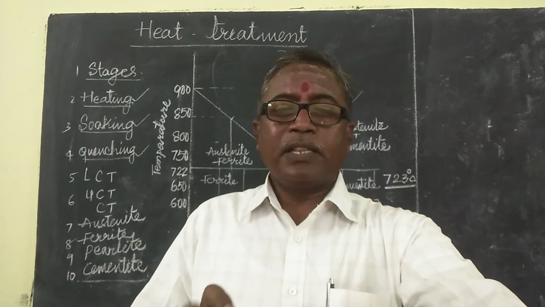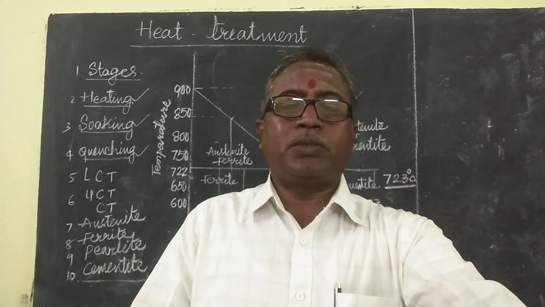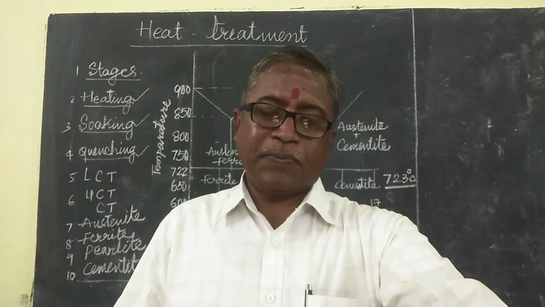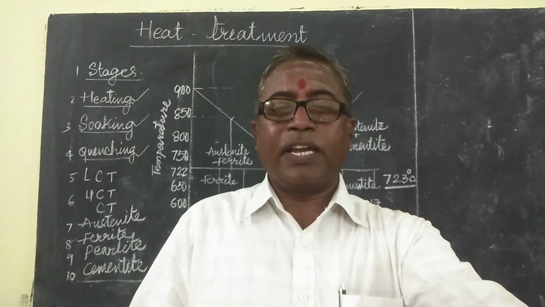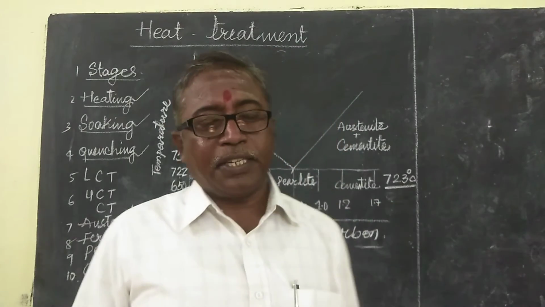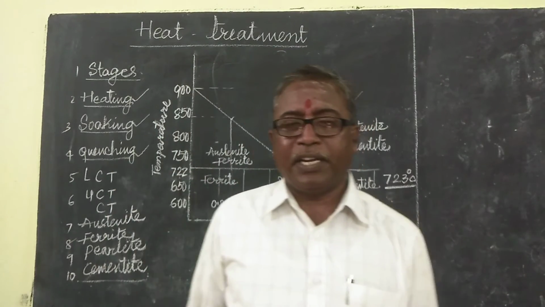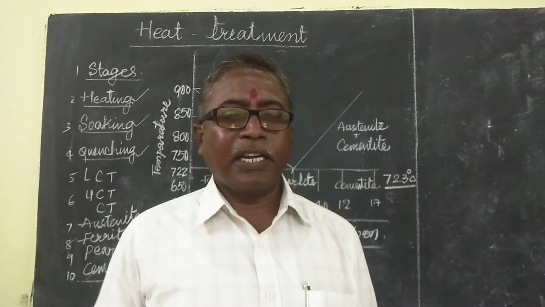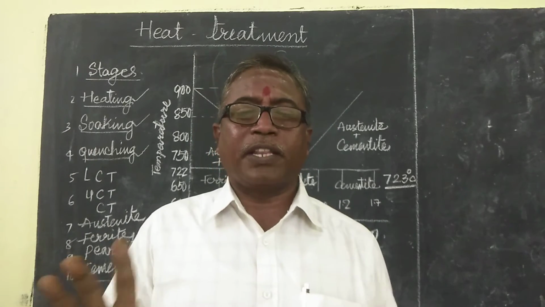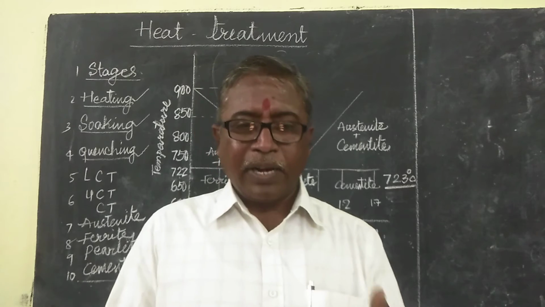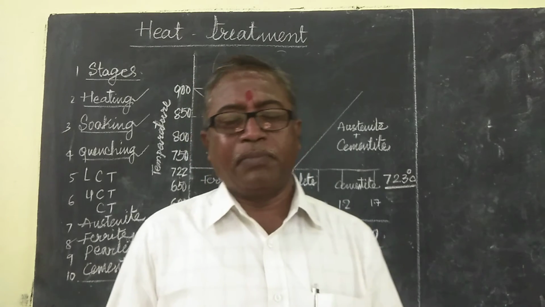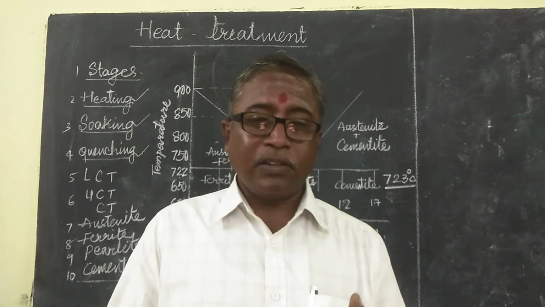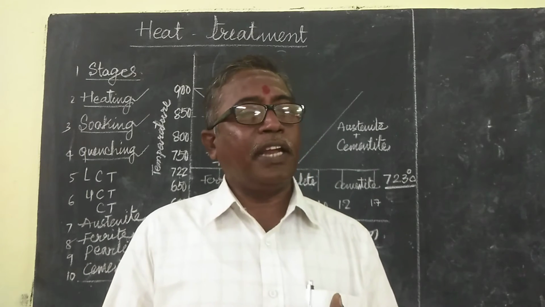Soaking means the temperature reaches the entire body and the structure is changing. Then quenching is cooling the material after heating. There are four main quenching media: brine solution, that is sodium hydroxide, then water, then oil, then air.